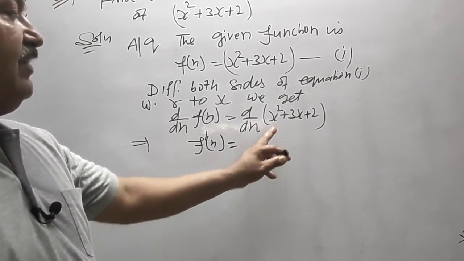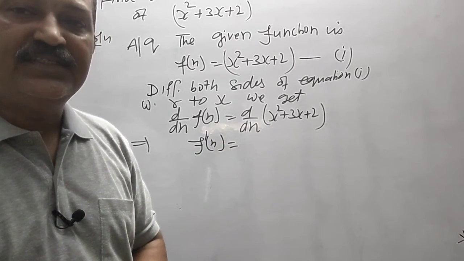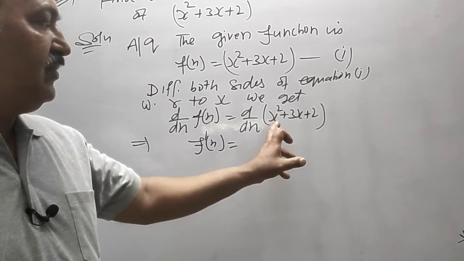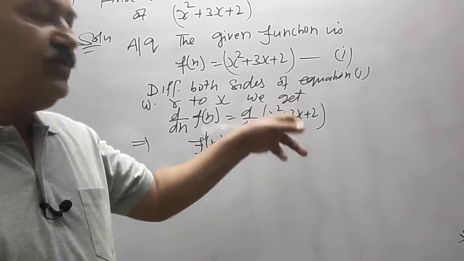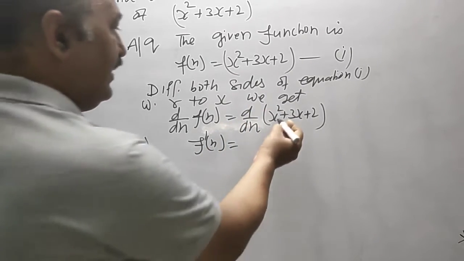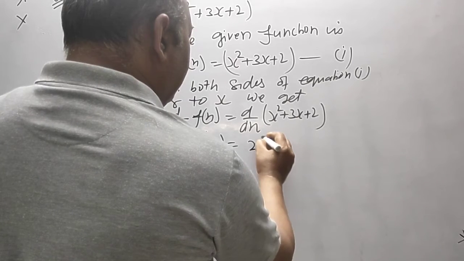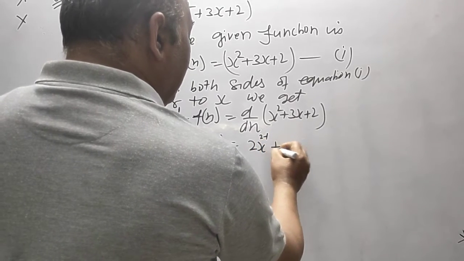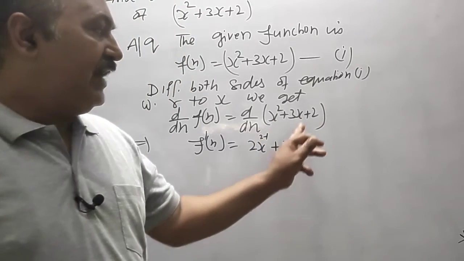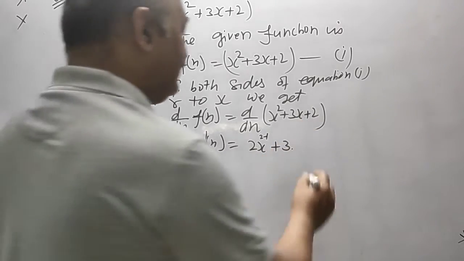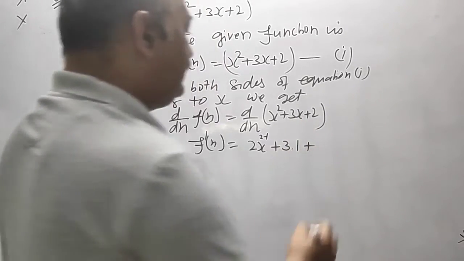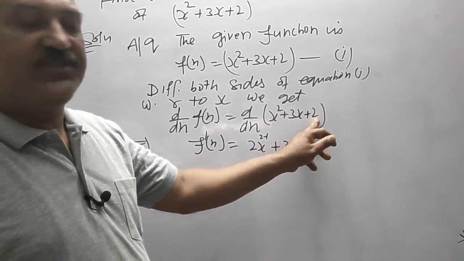and derivative of x square is, applying the formula of derivative of x to the power n, n into x to the power n minus 1, then it becomes 2 into x to the power 2 minus 1, plus 3 outside, and derivative of x, dx upon dx, is 1, and plus derivative of constant 2 is 0.